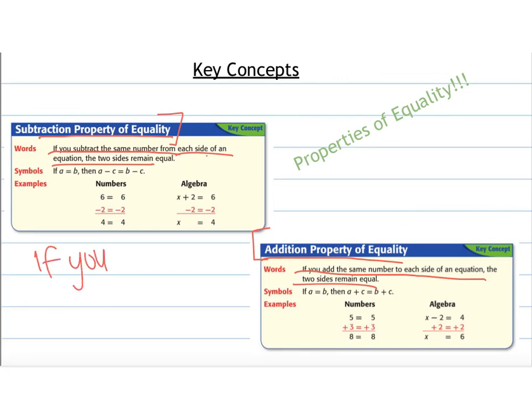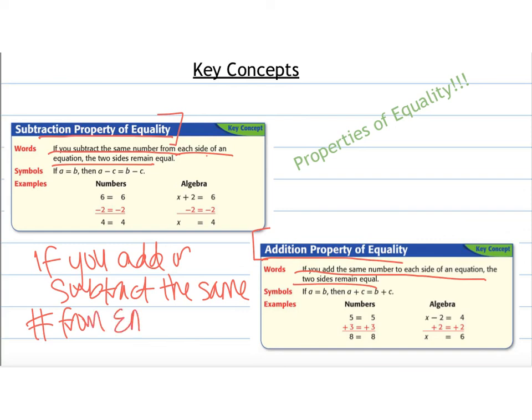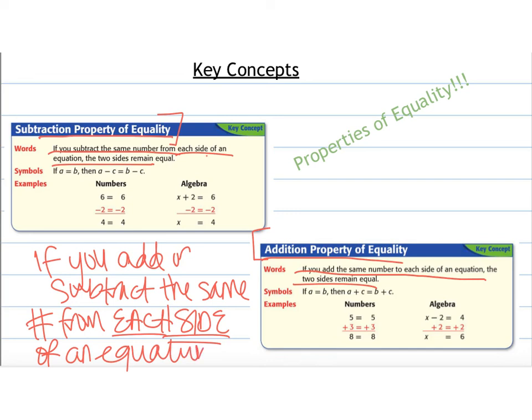If you add or subtract the same number from each side of an equation, they will remain equal, which is what we've been doing for all of our equations we just did in this video.